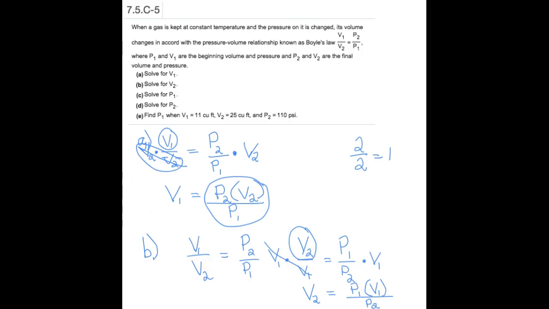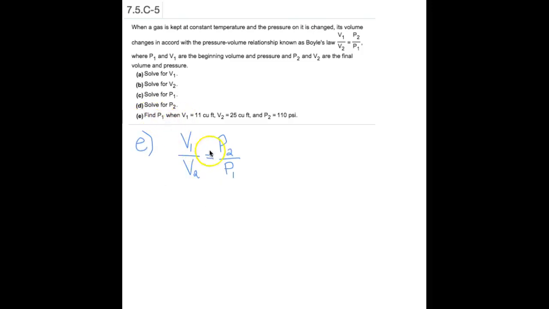Now let's take a look at E. We'll start with Boyle's law again. We're going to find P sub 1. When V sub 1 is 11 cubic feet, V sub 2 is 25, and P sub 2 is 110 psi.